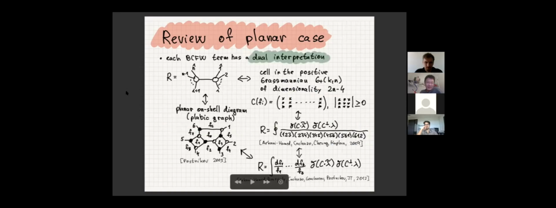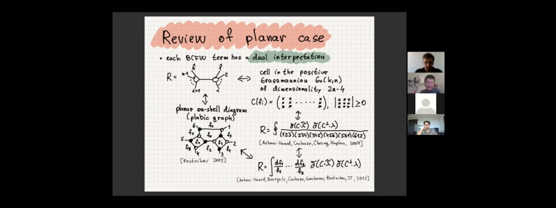So indeed, each BCFW term has a dual interpretation. We can associate it with a cell in the positive Grassmannian, G+(k,n), of dimensionality 2n-4. And we construct a C matrix with all non-negative minors.